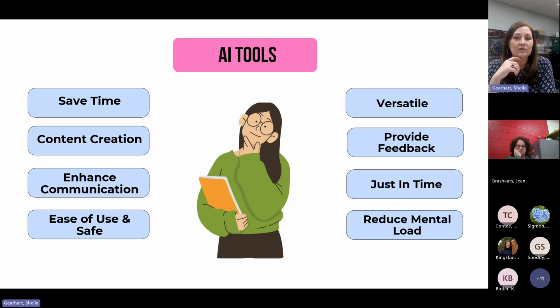And we not only want the tools, we want them easy to use, we want them on demand, just when we need them. We need them to be reliable, we need them to be safe, and we also want them to be versatile so that they do many different things, because we don't want to have to go to 50 different tools for 50 different things.